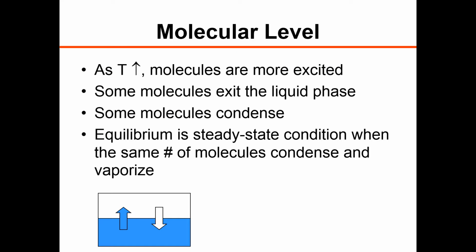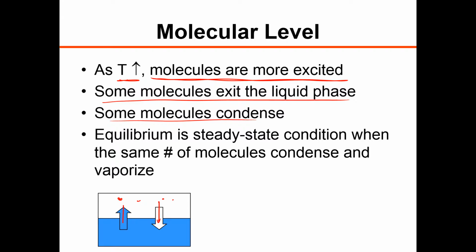Okay, so let's just talk about what's happening on the molecular level. As the temperature increases, the molecules are going to start being more excited. They're going to have more energy. And some molecules exit the liquid phase, and this is happening all the time, and some molecules condense. So they're going to come out as a gas, but then some of them are going to condense back into the liquid phase.